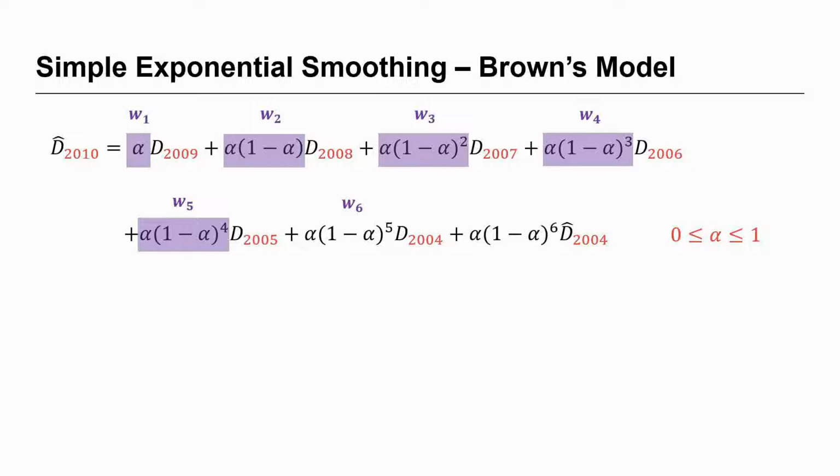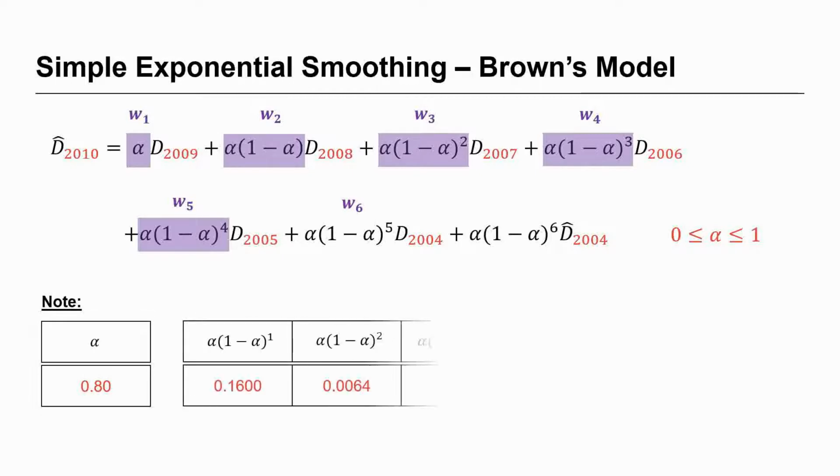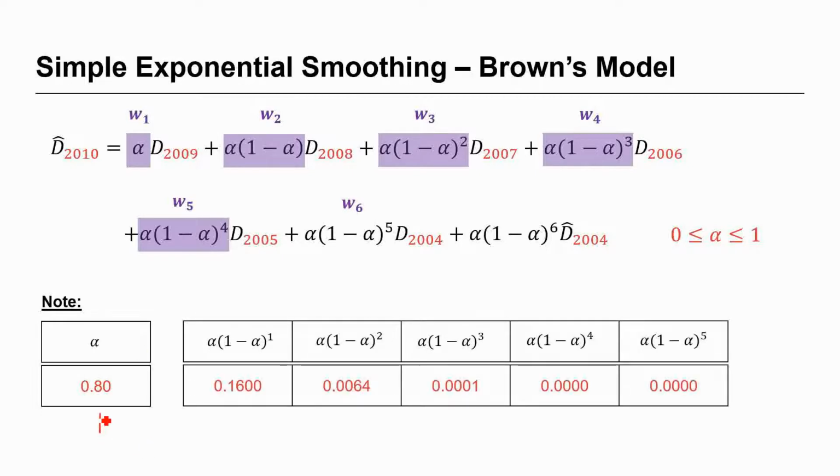Now let us see how we may choose alpha to adjust these weights. If you choose a large value of alpha like 0.8, then you are giving a lot of importance to the last two observations in the series and giving near negligible importance to all the observations in the past.